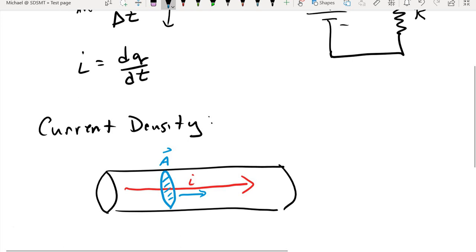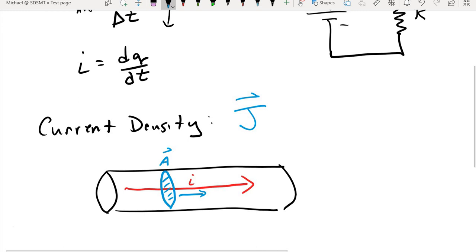We've used area vectors back in chapter 23 for Gauss's law, and so we can continue using that here. And current density, as it turns out, is actually going to be a vector. And the symbol that we're going to use for current density is a capital J. And so we have the vector notation over the top there.